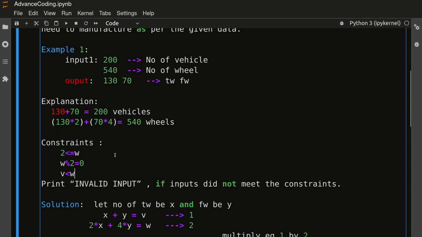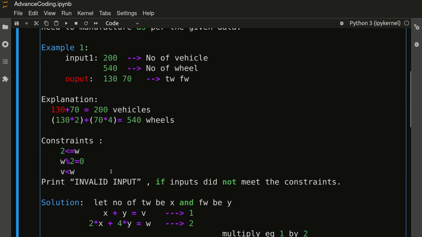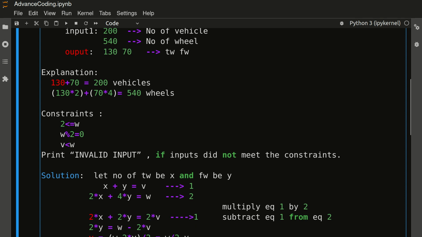Suppose we have some input in which vehicles is 2000 and wheels is 400. In that case it is violating the constraint, so you have to print invalid input. If any input is violating these three things, just print invalid input. So this was the question.